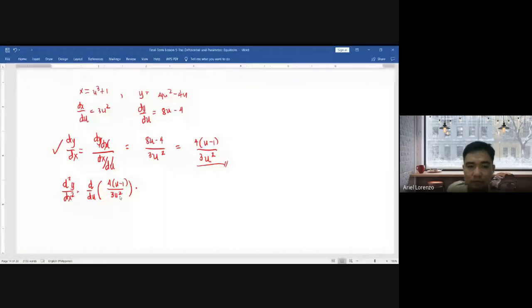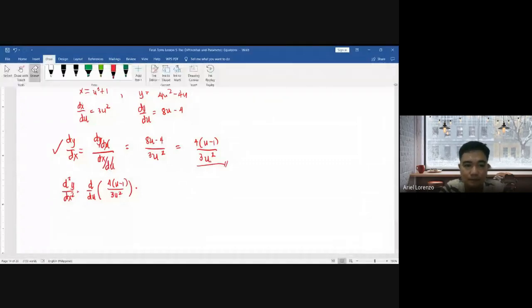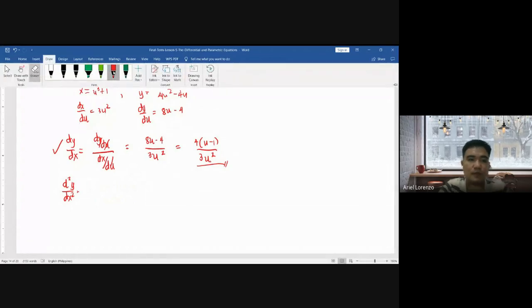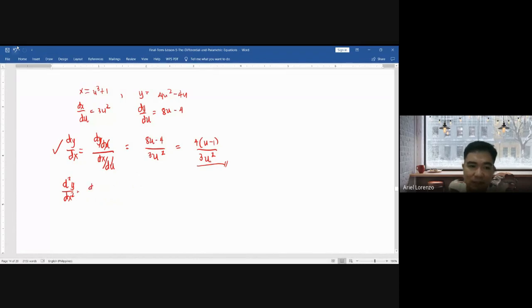Okay? So, ulit. Erase ko muna. Ganito para mag-gets nyo. Di ba itong d squared y all over dx squared class is the derivative, itong nakuha nating dy all over dx, with respect to u.